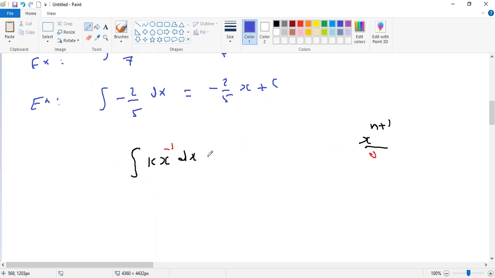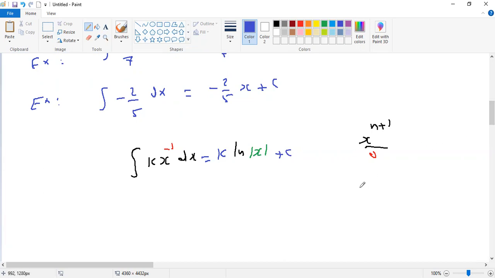The answer is the constant k out front, and the integral of x to the -1 is ln, see, ln absolute value of x plus constant c. Why absolute value of x? Because if x is negative, you have to put the absolute value, because ln of a negative is not defined.